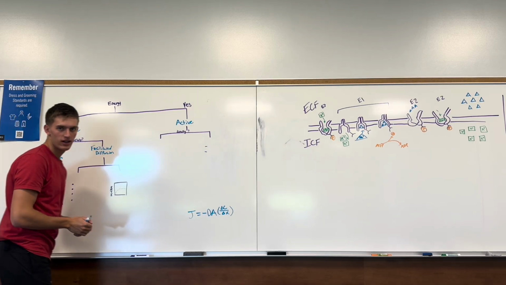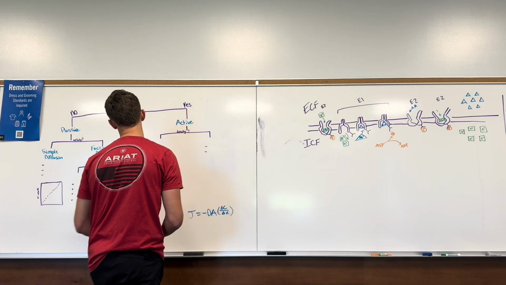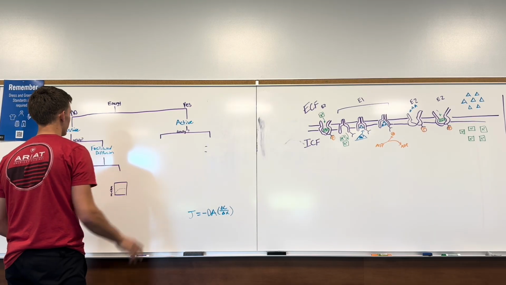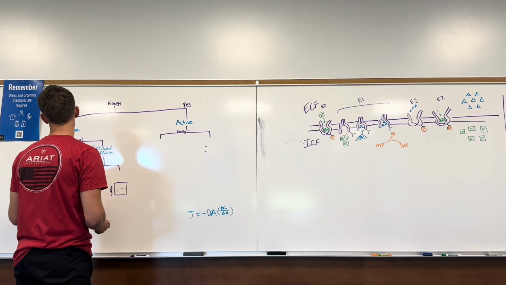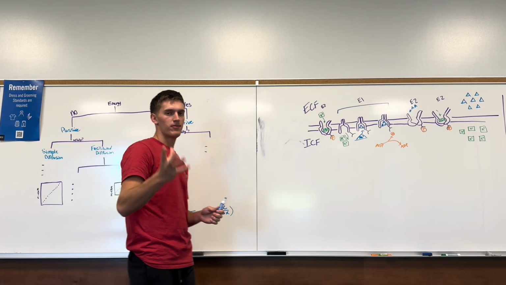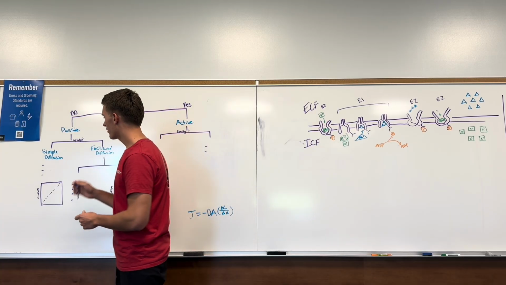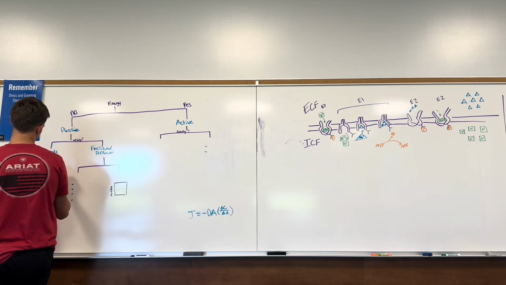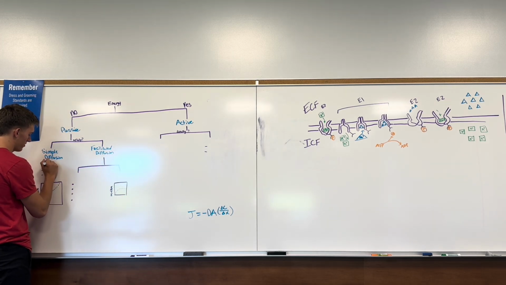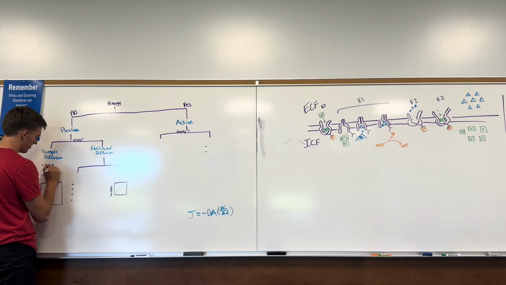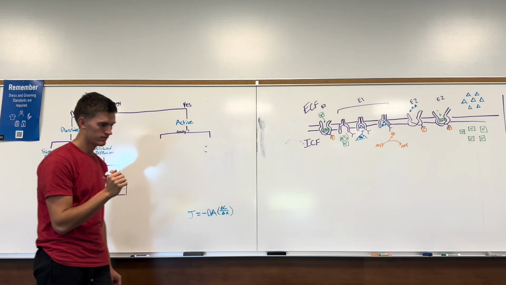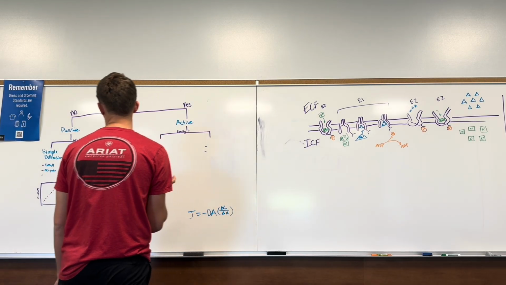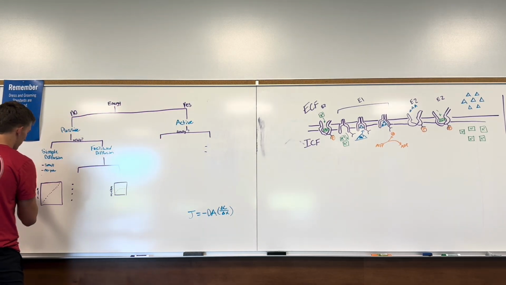Facilitated diffusion gains help from something to get things across the membrane, while simple diffusion does it by itself. So in order for it to go across the membrane by itself, things have to be small and nonpolar.